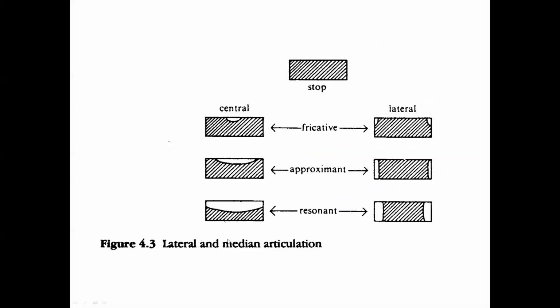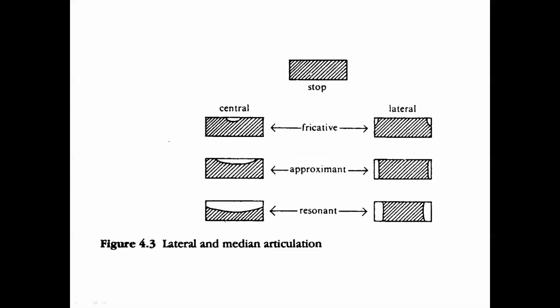All right, so we've already talked a bit about things going centrally over the tongue or over the sides. And this visual may help those who are more visual learners to see what the difference is. If you imagine that this striped area here is your tongue.